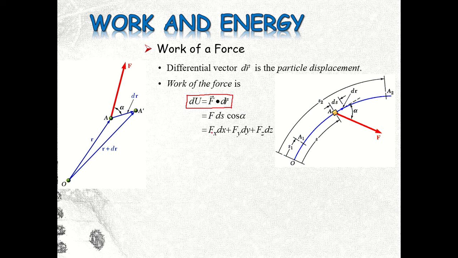It is also equivalent to the force along the x-axis multiplied by the differential displacement along x, plus the force along the y-axis multiplied by the displacement along y, plus the force along the z-axis multiplied by the displacement along z. So this is for the three-dimensional scenario.